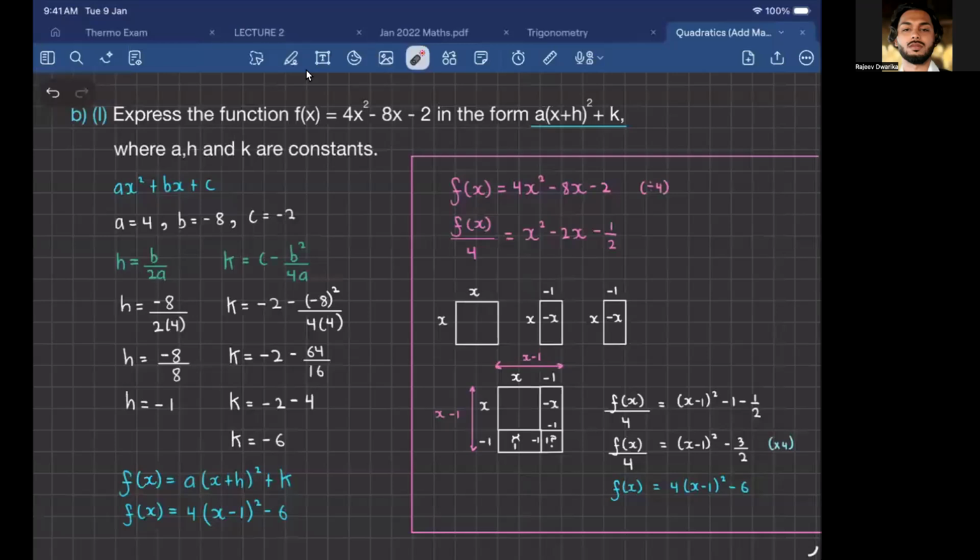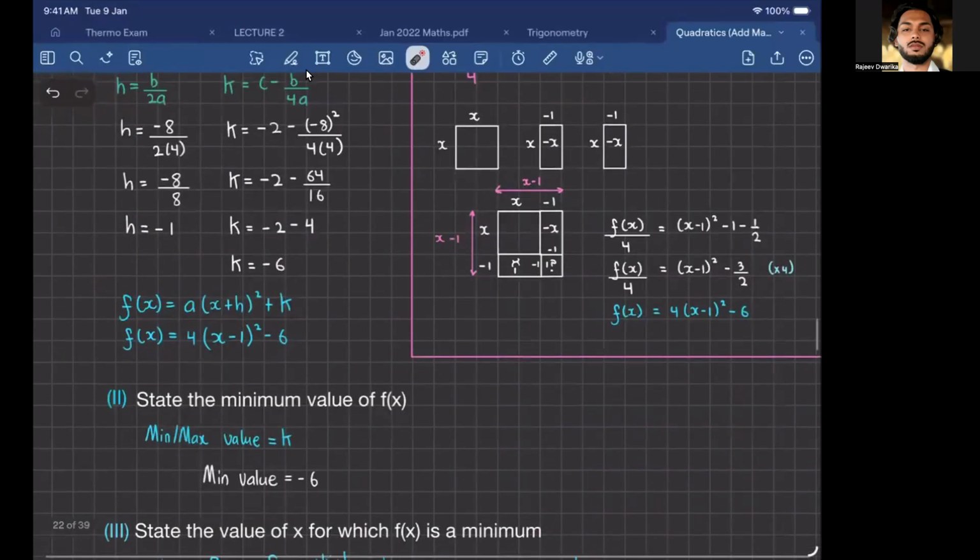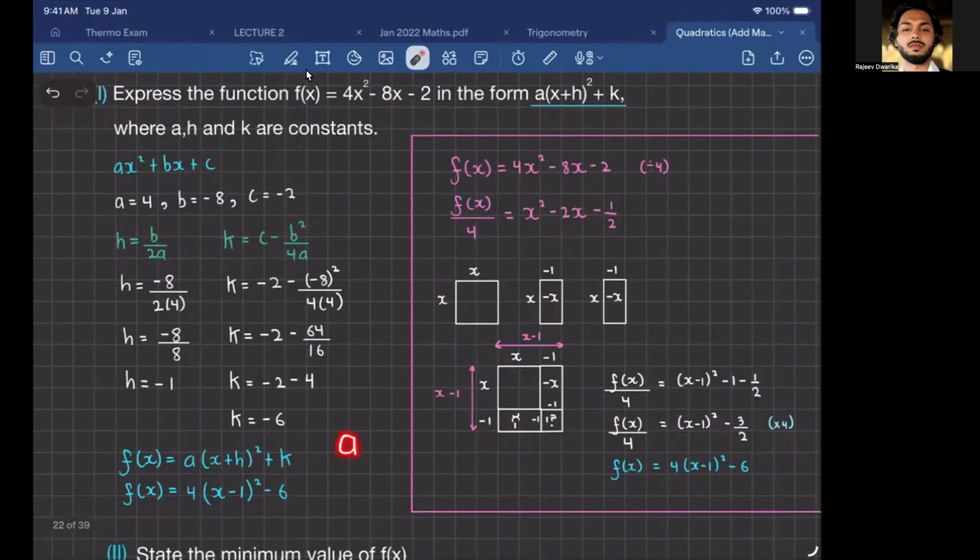And in doing that, if everything works out, you'll end up with a open bracket x plus b over 2a, right? Plus c minus b squared over 4a. It's a really tough cookie to crack, but I think you're the person for it.